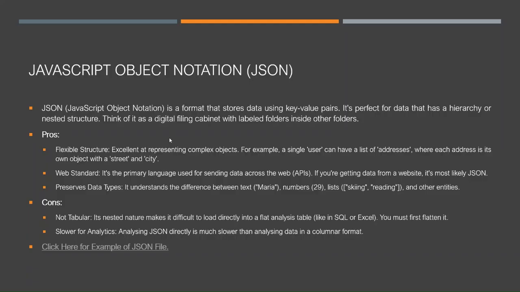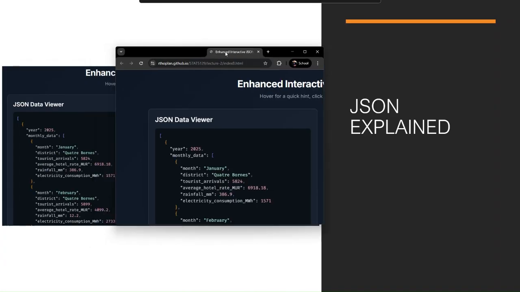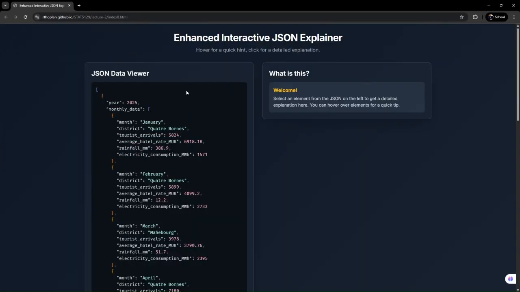You will also see that I've given you an enhanced interactive JSON explainer to illustrate these different key concepts. You will see here the different concepts: the objects, the arrays.